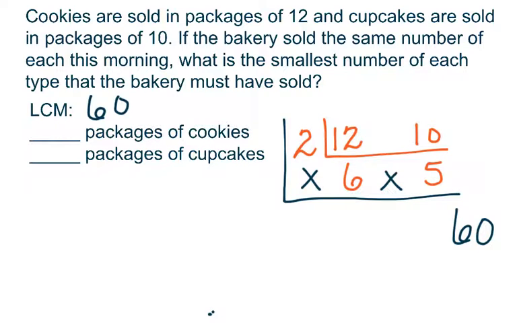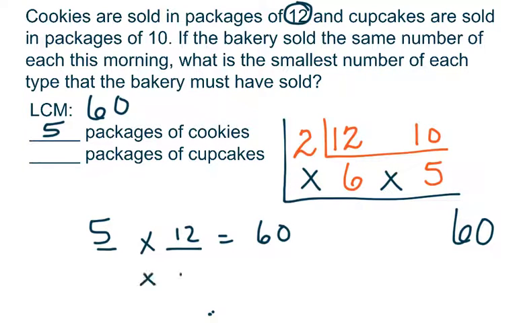And then the question asks, well, how many packages of cookies is that? Well, packages of cookies come in boxes of 12. So how many 12s? What times 12 is 60? Well, that's 5. So it's 5 packages of cookies. And then how many packages of cupcakes? Well, cupcakes come in packages of 10, and I need 60.